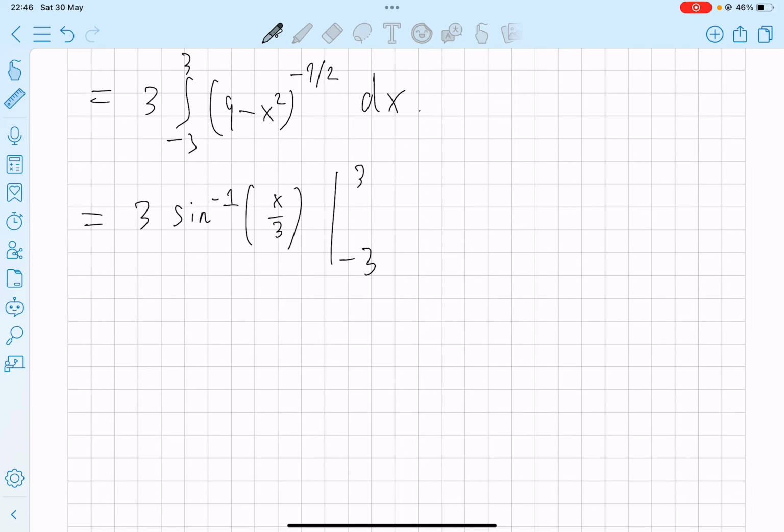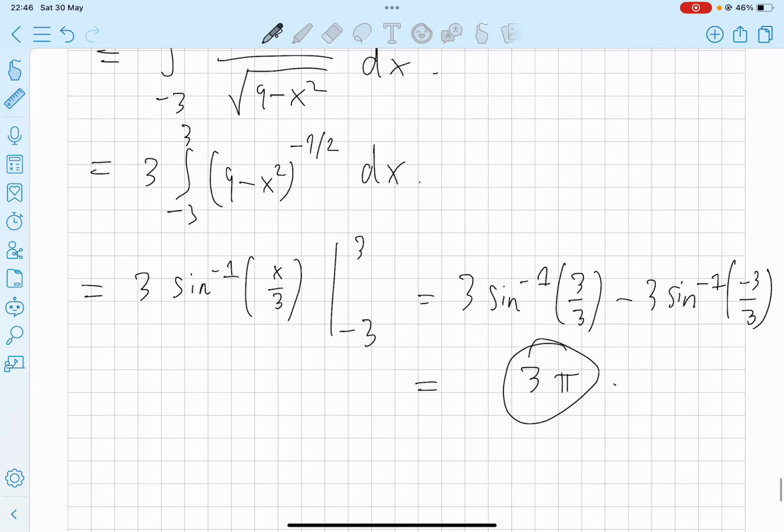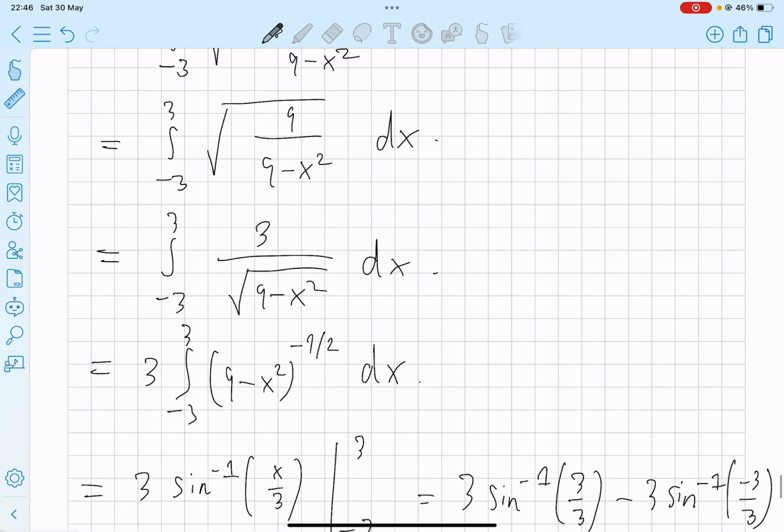So we have 3 arc sine of 3 over 3 minus 3 arc sine of negative 3 over 3, and this gives us 3 pi. So the answer is 3 pi.